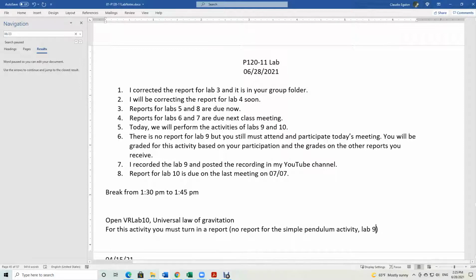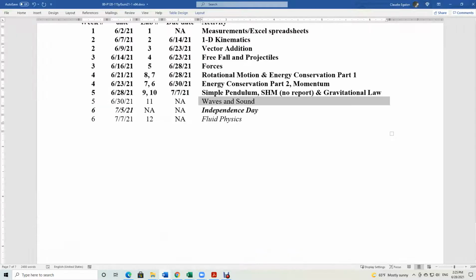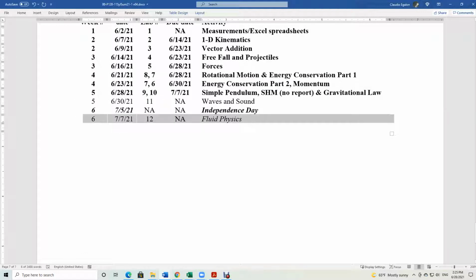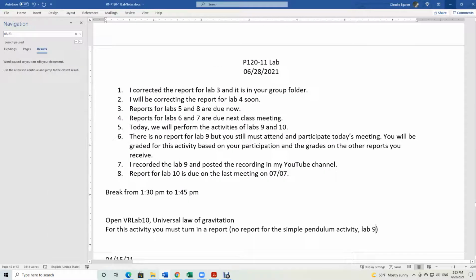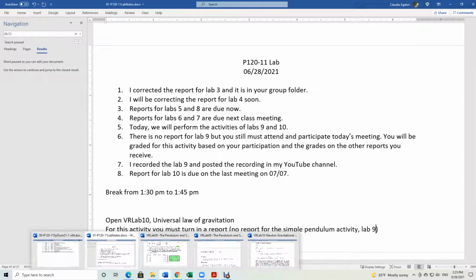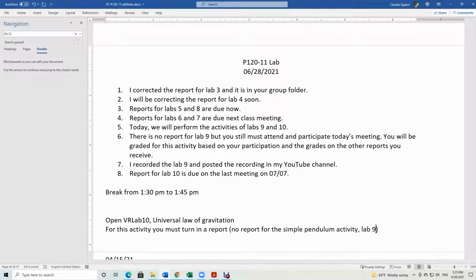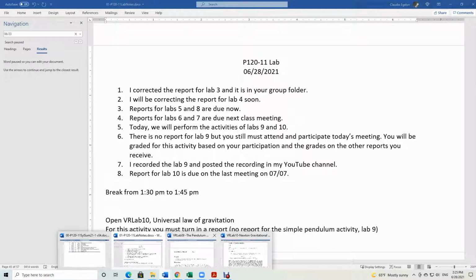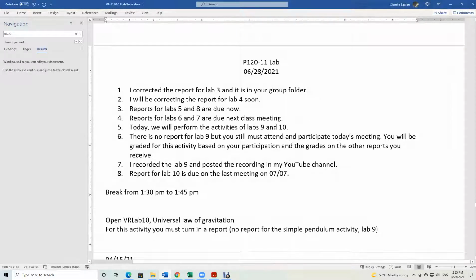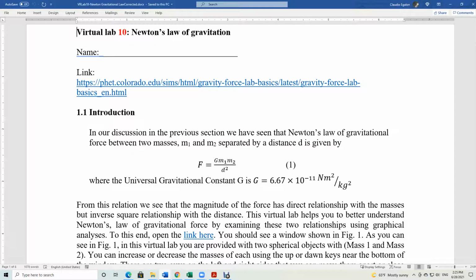Simple pendulum activity, we're done with that. This one you turn in at the last meeting. Let's get that. I'm going to close this one. Another one, I don't need it. We need this one right in here.